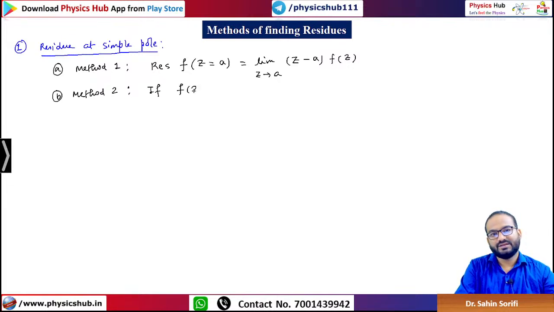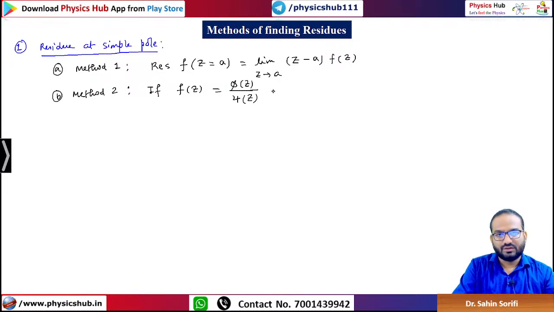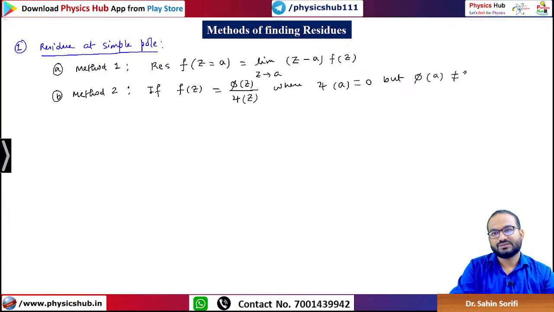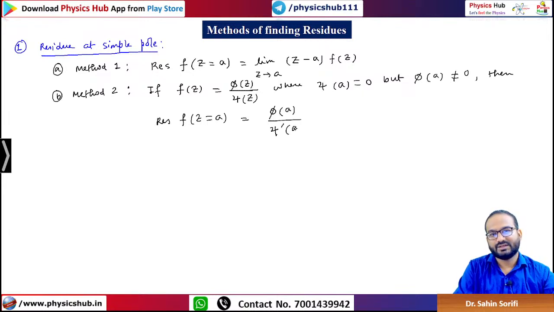If you have been given a function f(z) which can be expressed as, let's say, phi(z) upon psi(z), in the form of this ratio, where psi(a) equals 0 but phi(a) is not equal to 0, then in that situation the residue of f(z) at z equals a will be phi(a) divided by the derivative of the denominator, psi prime, at that point a.